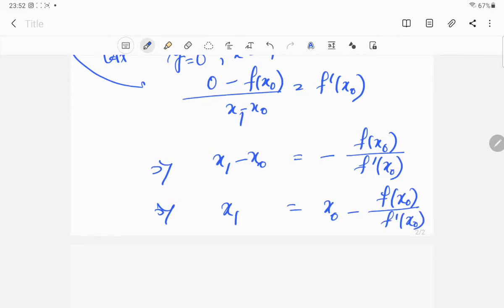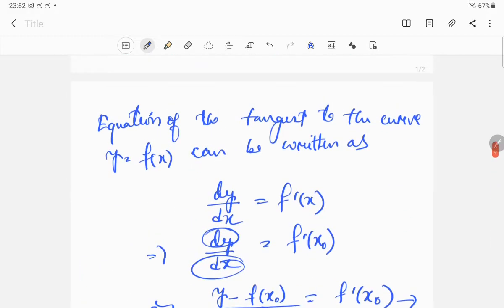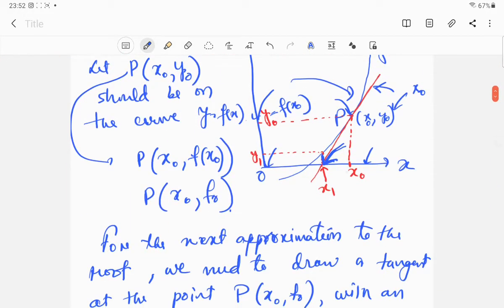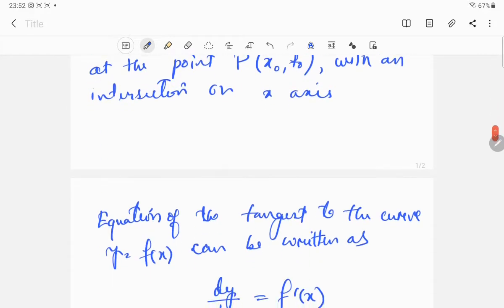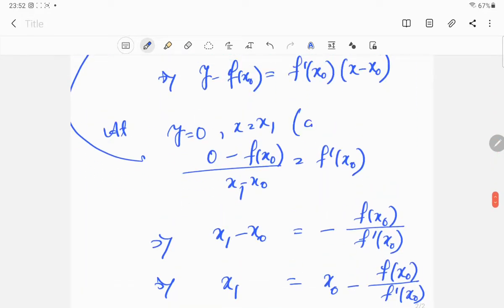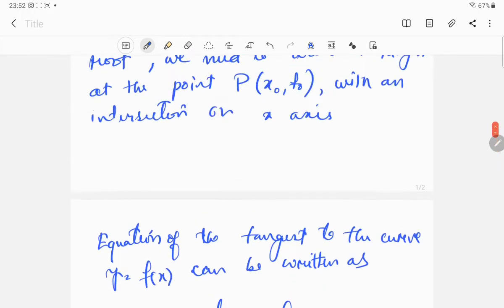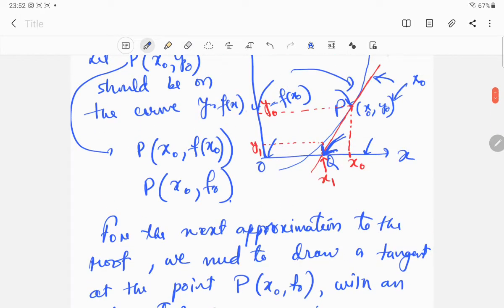So you can understand, I will call this point P, and this point is called Q. The point at which this tangent has cut the x-axis gives the next approximation. So x1 is the next approximation.